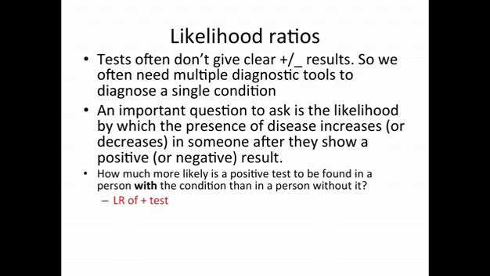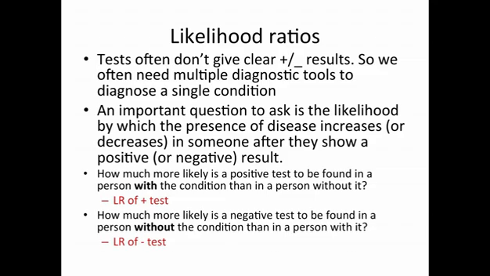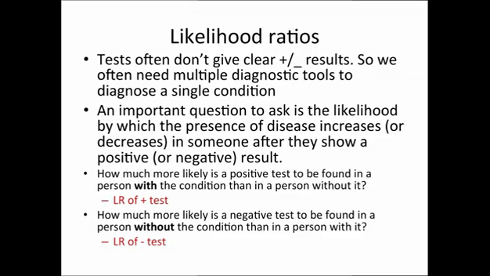To answer the question, how much more likely is a positive test to be found in a person with the condition than in a person without the condition, we need to know the likelihood ratio of a positive test. To answer the question, how much more likely is a negative test to be found in a person without the disease compared to a person with the disease, we need the likelihood ratio of a negative test.